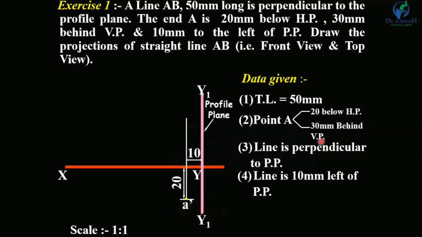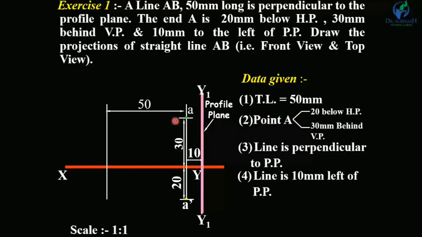And point A is 30 mm behind VP. That means its top view is above the XY line at a distance of 30 mm. So point A will be here. Now the true length is 50 mm.